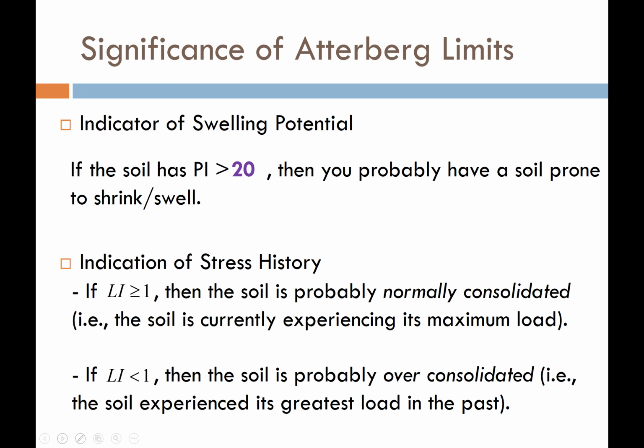So it's the most stressed it's ever been. But if the liquidity index is less than 1, then that's an indicator that the soil has been more stressed than it currently is at some time in its past, which means that the soil could be strong, and may not be as prone to settlements and deformations, and may have a higher shear strength.